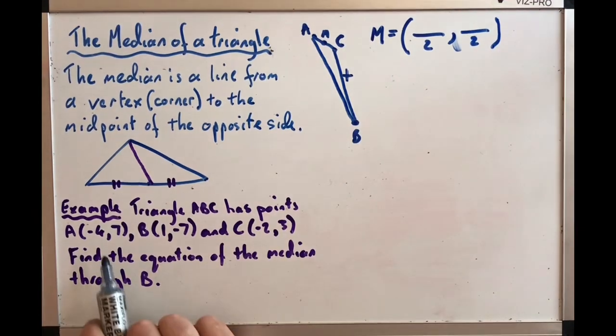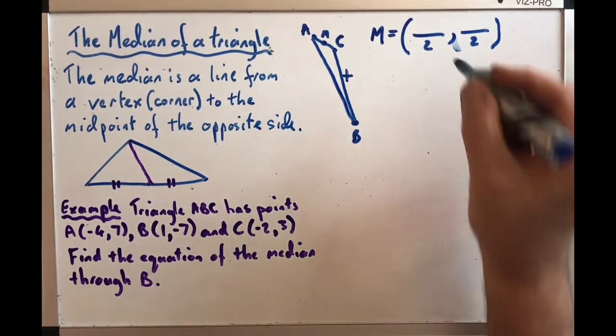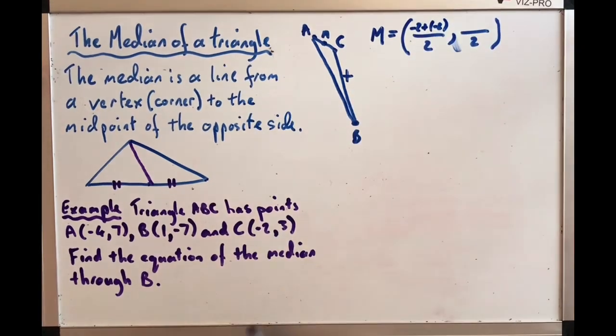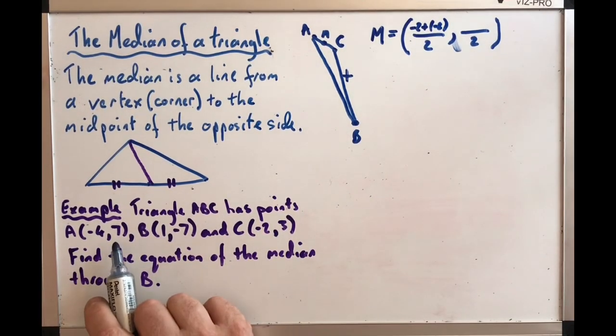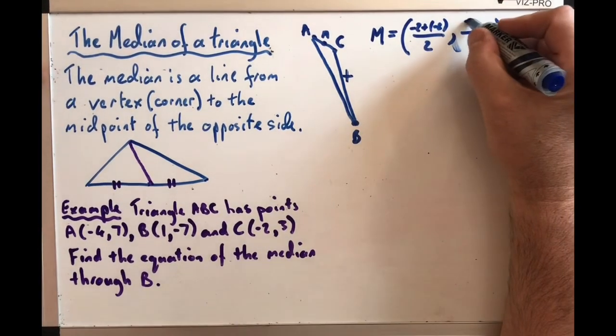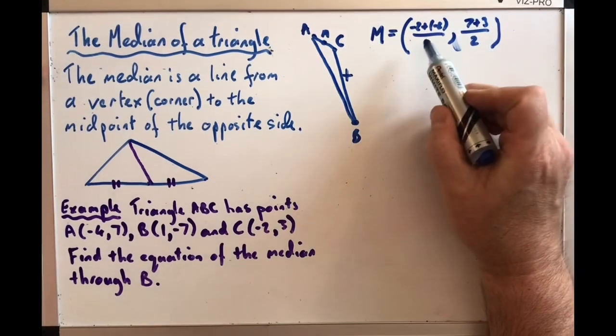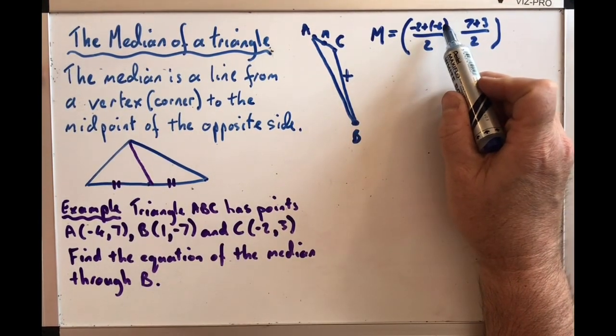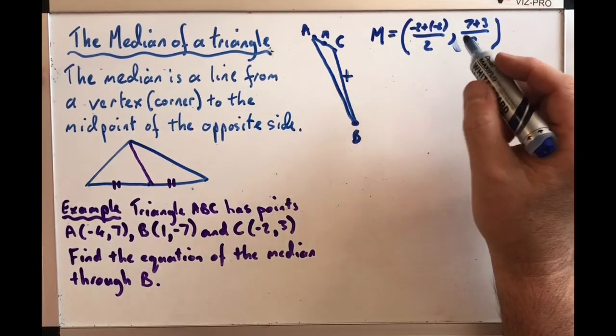So, -4 plus -2, and the other one's going to be 7 plus 3. -4 plus -2 will give you -6.